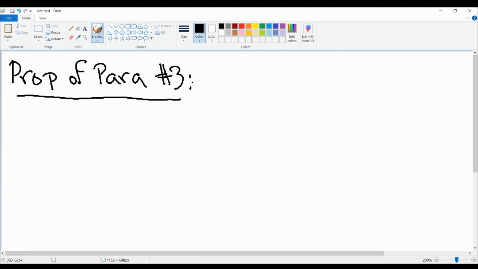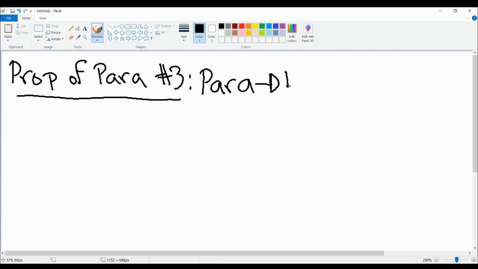The previous two have always had similarities, but this is the first one that is completely different from the others. So what this says is that if an object is a parallelogram, then the diagonals bisect each other.